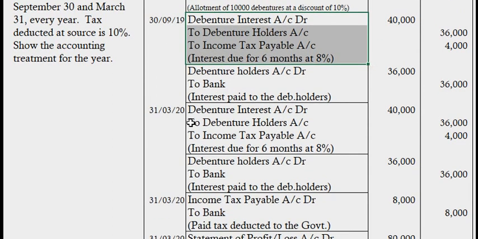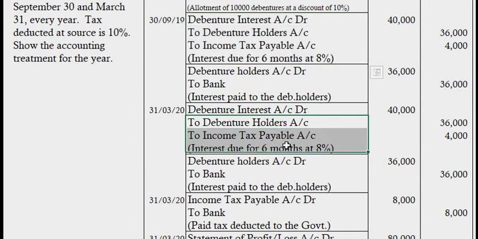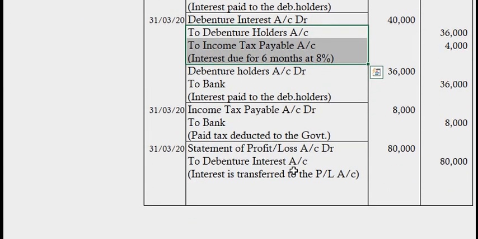And after the second half, at the end of the first year, again the interest is made due and paid to the debenture holders, and we transfer the tax collected to the government department, and here we have transferred the interest amount to the debit side of statement of profit or loss account. So this is how to complete a problem on debenture interest.